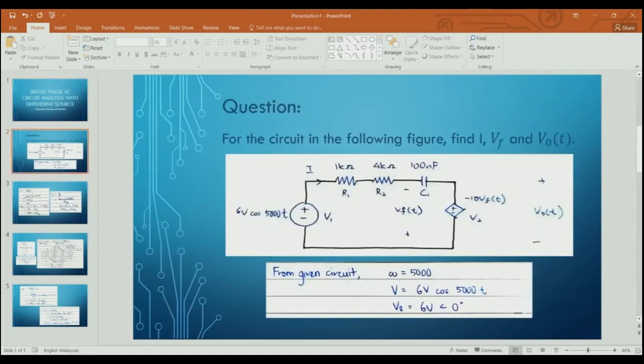Question. For the circuit in the following figure, find the current, Vf and V0(t). From the given circuit, we know that the angular frequency ω is equal to 5000, and Vs is equal to 6 V cos 5000t, so Vs is 6 V with 0 degrees. To find the current, we need to find the impedance of this circuit.